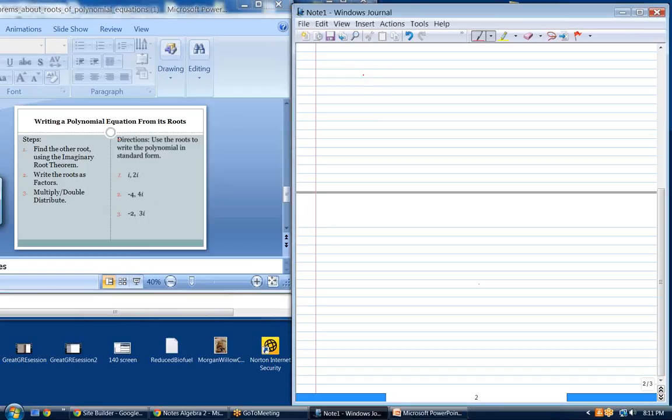Okay, so here's my solutions. What else do I have as a solution? Positive 4 and negative 4i. In other words, they gave us the positive 4, so we know that's also a solution. So it appears I have 3 solutions. So what are my 3 factors?